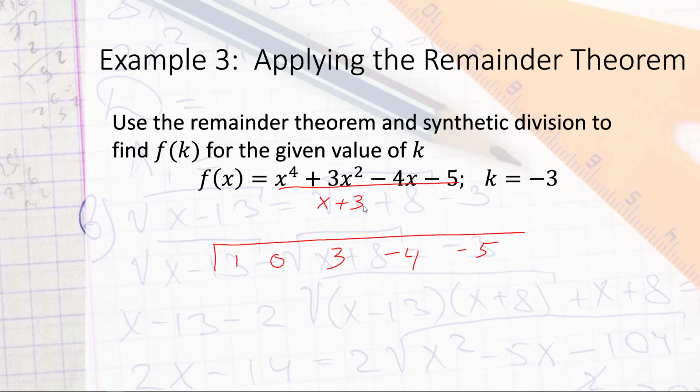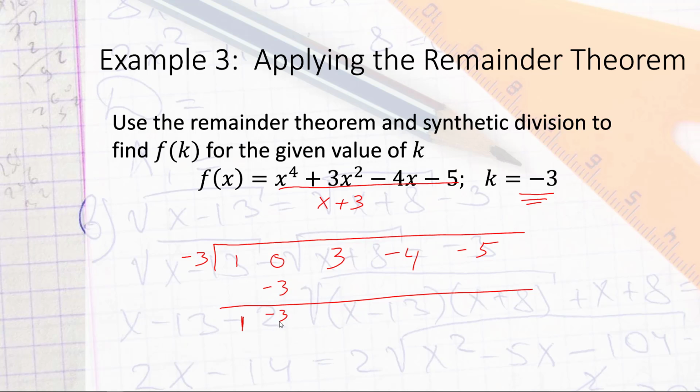Since we're dividing by x plus 3, we want to put in the negative of 3, which is minus 3, which ironically is what k is to begin with. Then we draw a line down here and bring down the 1. Negative 3 times 1 is negative 3. 0 plus negative 3 is negative 3.